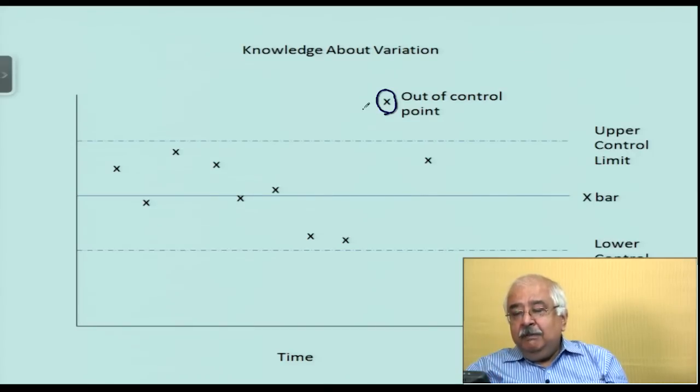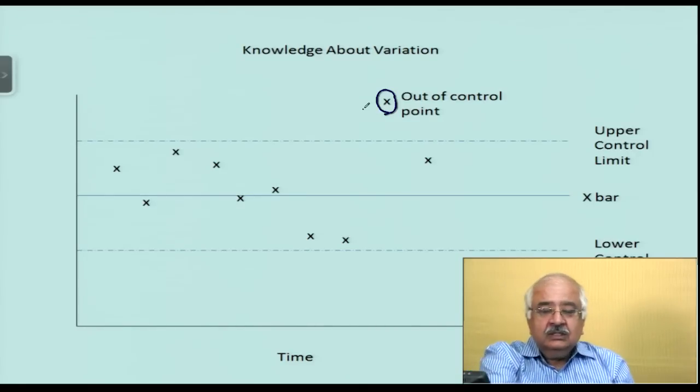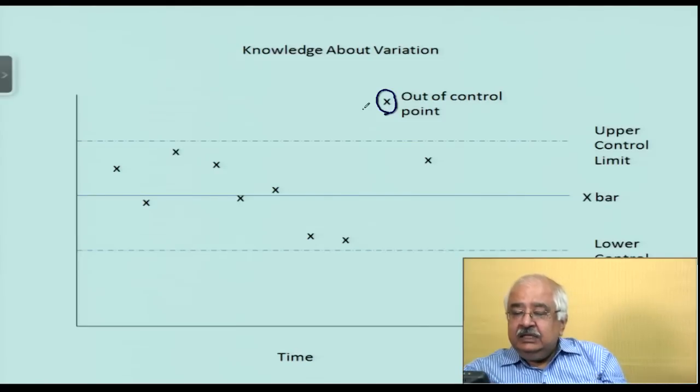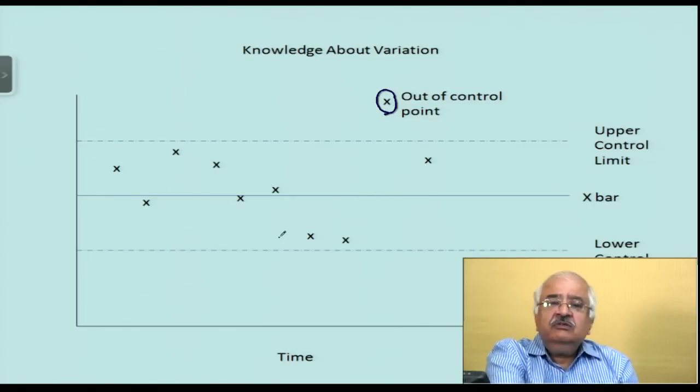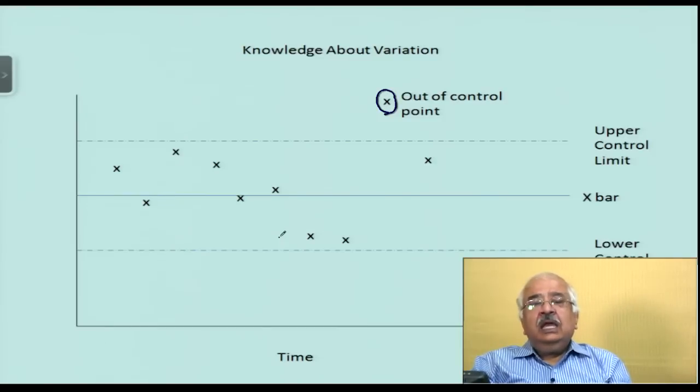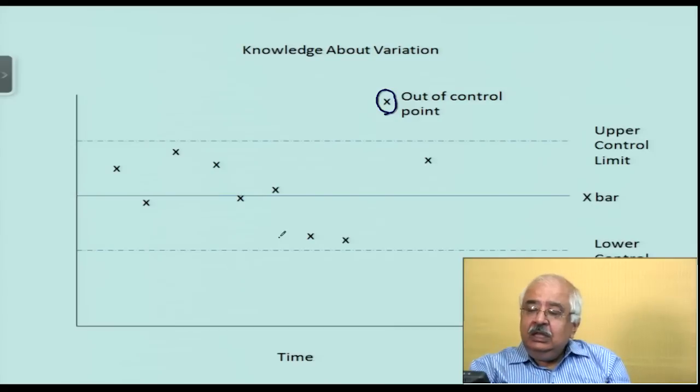The main thing to understand from this diagram is that the variation that we observe over here, which is the normal, random variation within the upper and the lower control limits, is variation that cannot be explained, and we should not be seeking reasons for changes between each pair of points as we see over here.